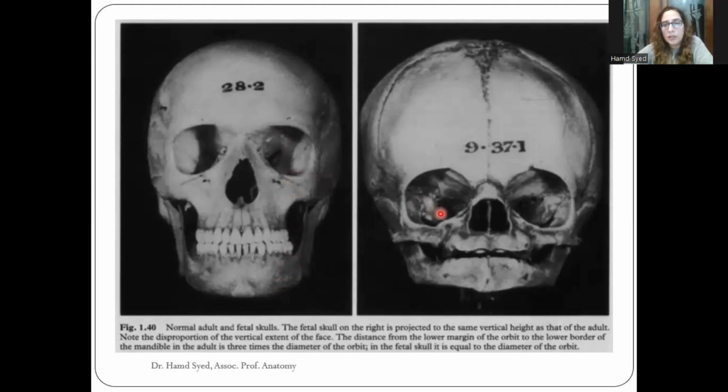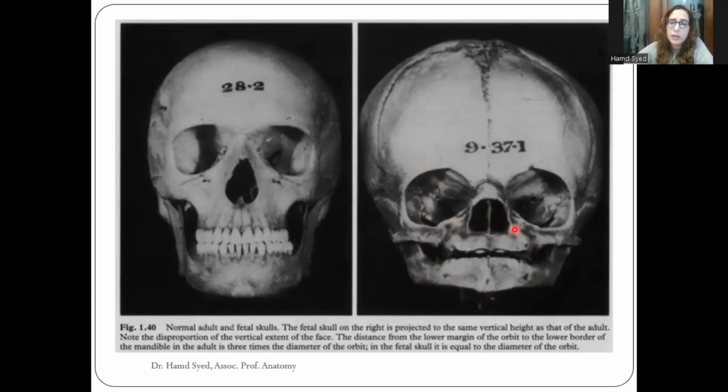But when you look at a fetal skull and you look at the same parameter, that is from the lower border of the orbit to the lower border of the mandible, we can see that this vertical length is nearly equal to the diameter of the orbit. So this gives the babyish appearance of the skull, and you can see that here the jaws are underdeveloped and the teeth have not yet appeared.